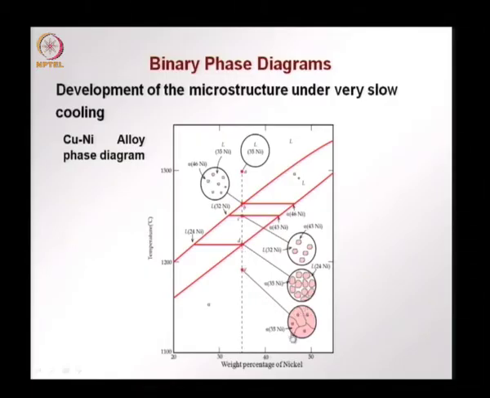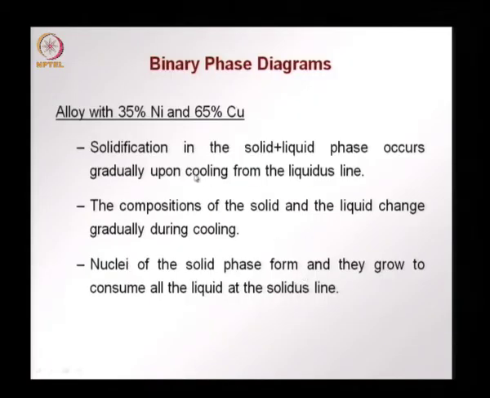Here now we have a polycrystalline solid with grain boundaries between the different crystals, and you have a completely solid material with 35% nickel in the alpha phase. So, what we saw is solidification occurs in the solid liquid phase region gradually upon cooling below the liquidus line.